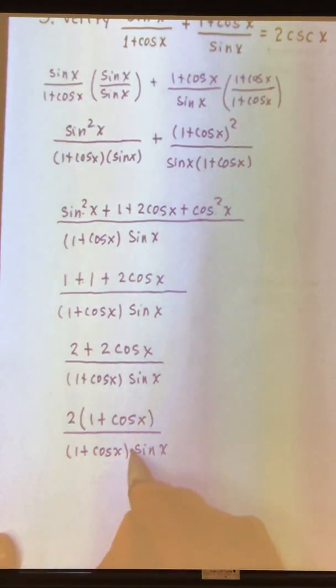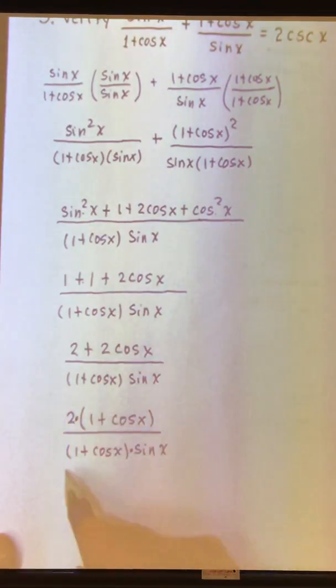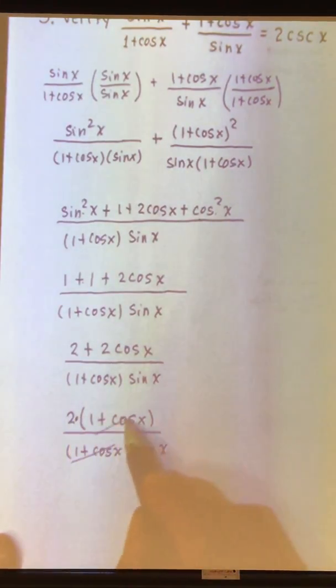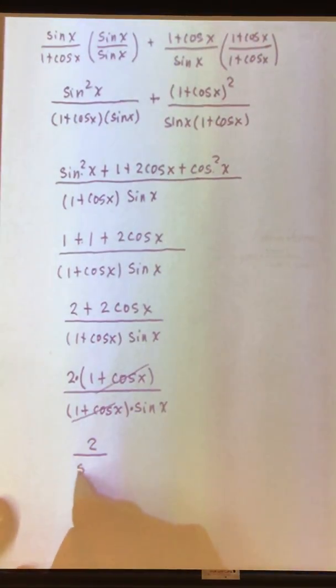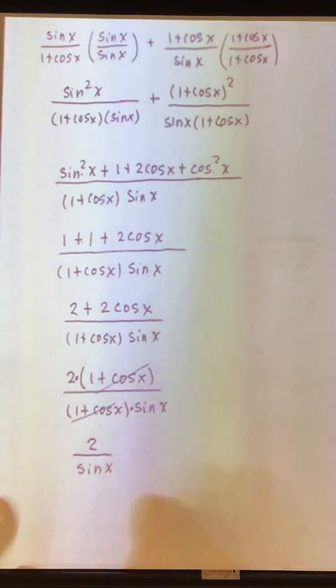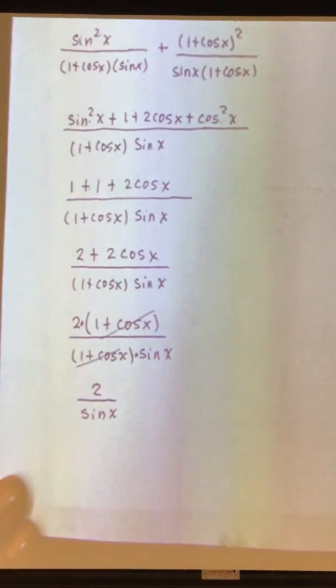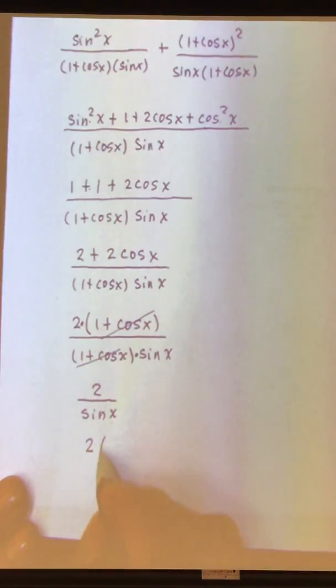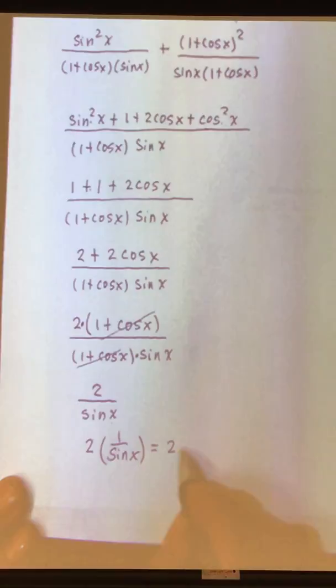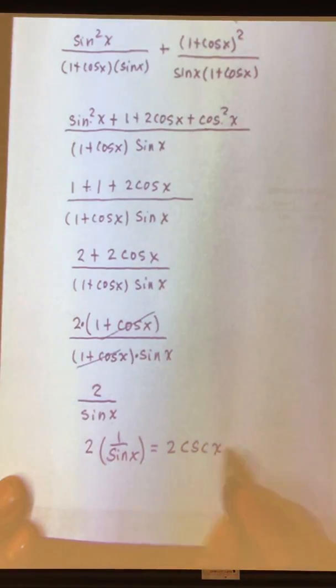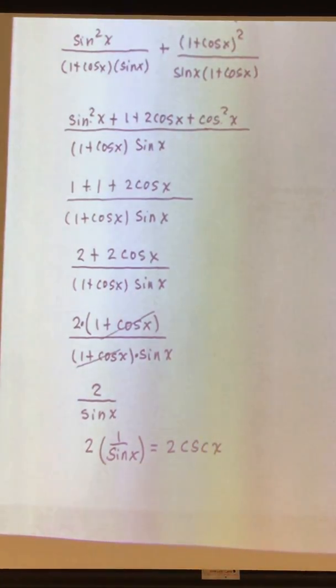We have a product here, and we have a product here, so now we can divide out 1 plus cosine x, and that leaves us with 2 in the numerator, sine of x in the denominator, and by definition, 1 over sine of x is the cosecant. So this will give us 2 times 1 over the sine of x, or in other words, 2 cosecant of x, which is our right-hand side.